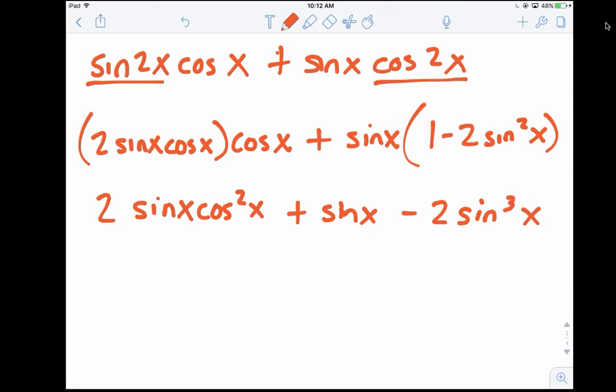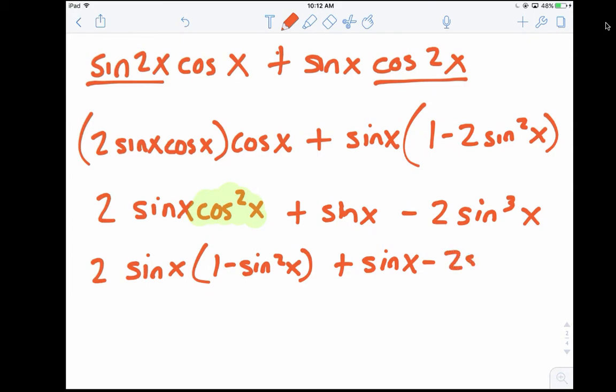Alright, so you're very close, right? So you want to change cosine squared so that it's in terms of sine, right? So that is going to become 2 sine times 1 minus sine squared using the identity, plus sine minus 2 sine to the third.